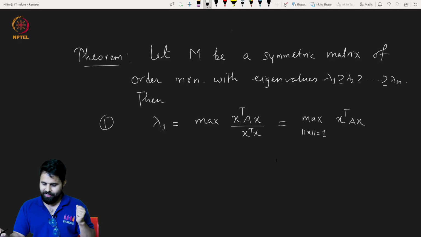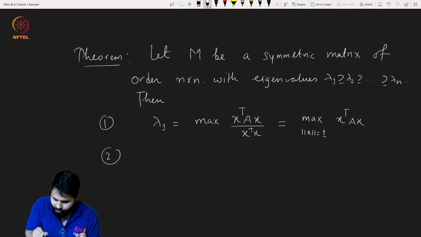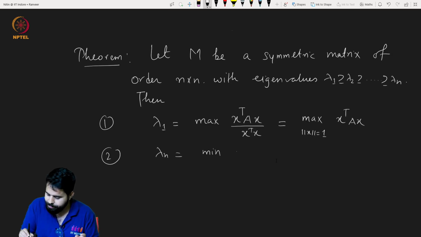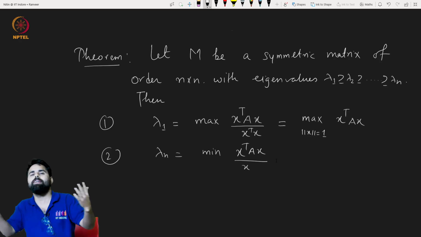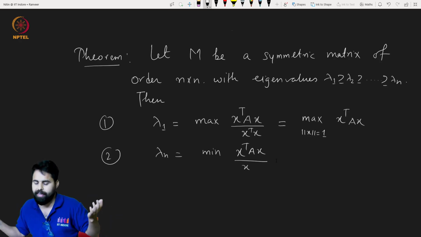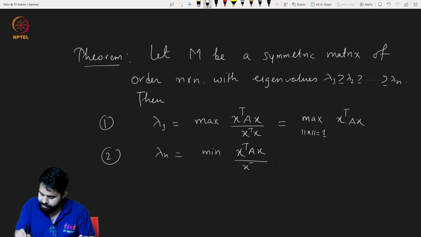Okay, very good. Next, similar to the largest one, the smallest eigenvalue is the minimum of x transpose Ax. Remember, these x are any vector in the space R^n, so basically there are n coordinates in x.